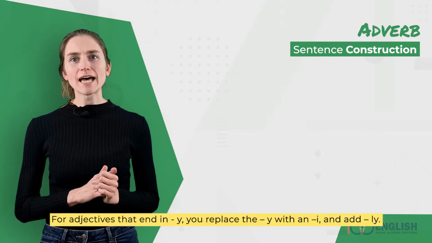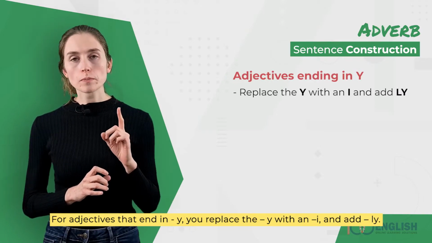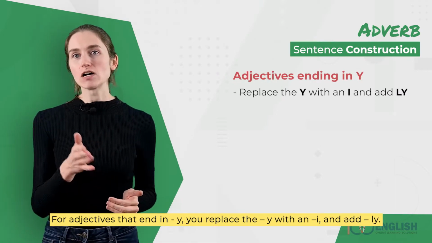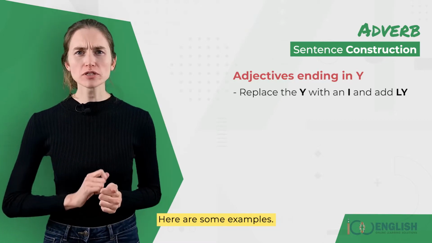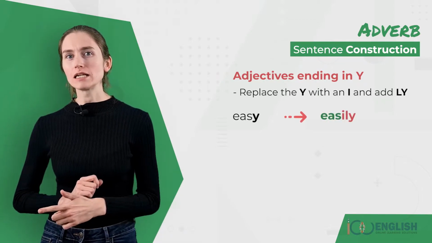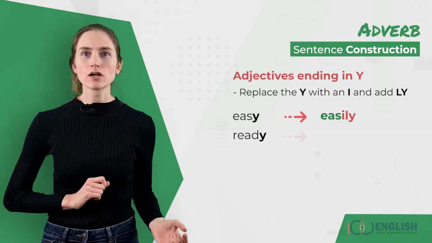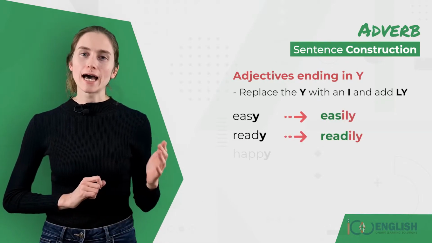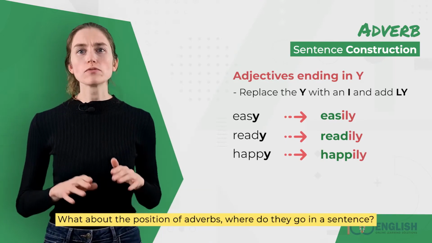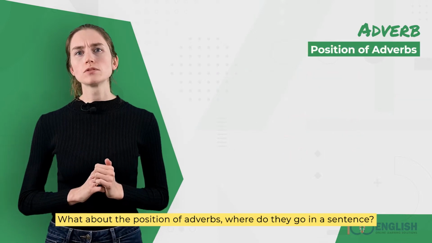For adjectives that end in Y, you replace the Y with an I and add ly. Here are some examples. Easy, easily. Ready, readily. Happy, happily. What about the position of adverbs?